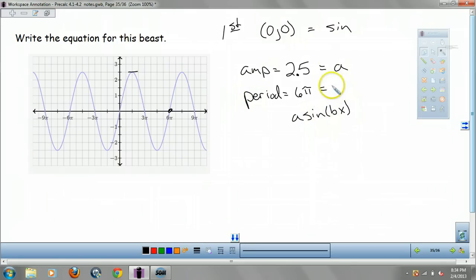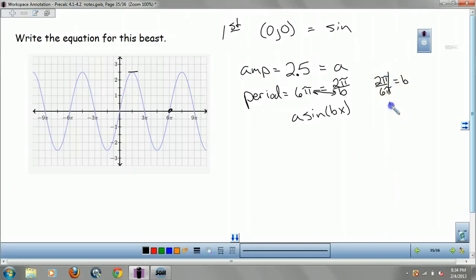So find our period. Remember, period is equal to 2 pi divided by b, right? Remember that trick I taught you where you switch those two numbers out? So 2 pi over 6 pi equals b.